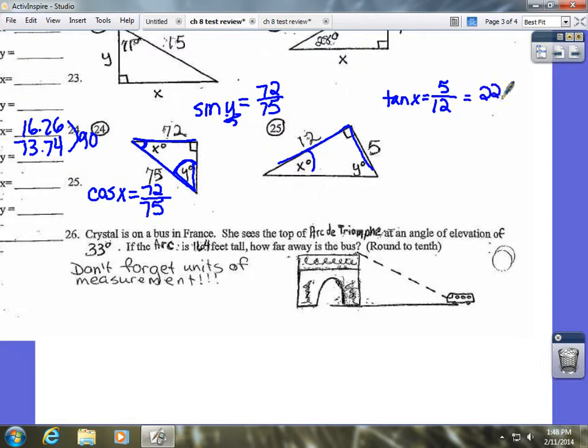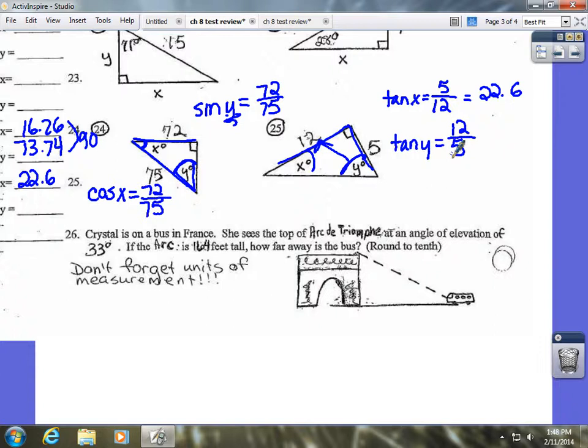And for angle y, this is my opposite this time, so the tangent of y equals 12 over my adjacent, which is 5. So second tan 12 divided by 5 equals 63.38.